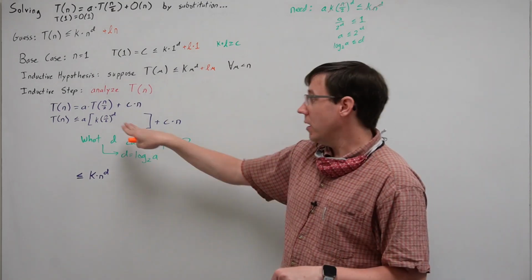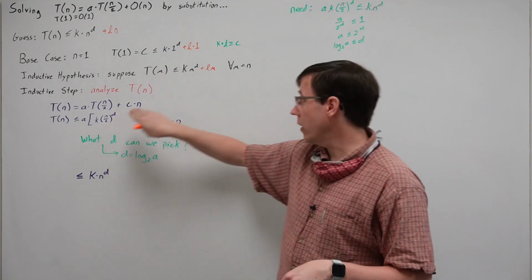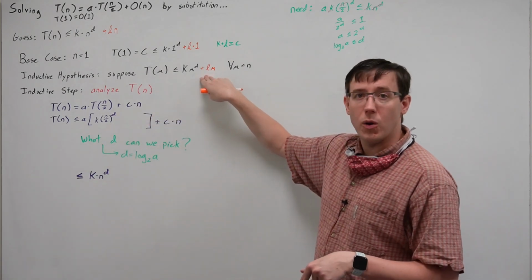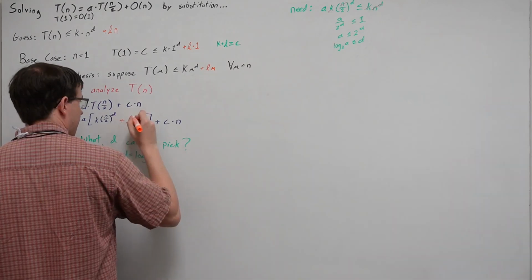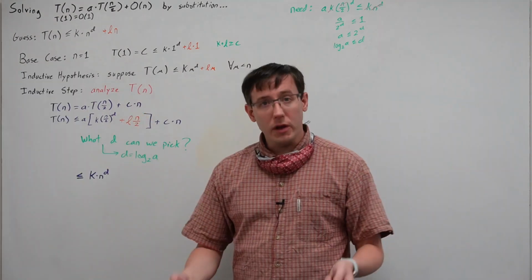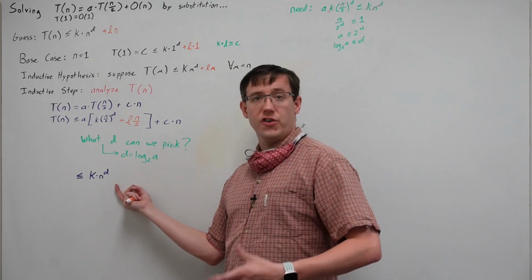And that means when we plug in the bound from the hypothesis for n over 2, we also have to plug in our plus L times n over 2 term. And we also get some more leeway in the upper bound that we are trying to show at the end.